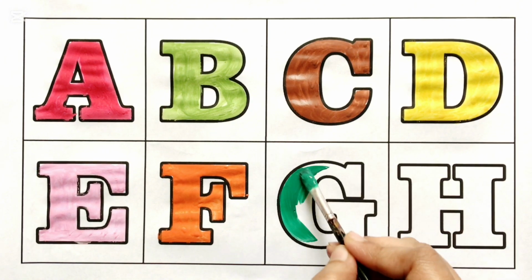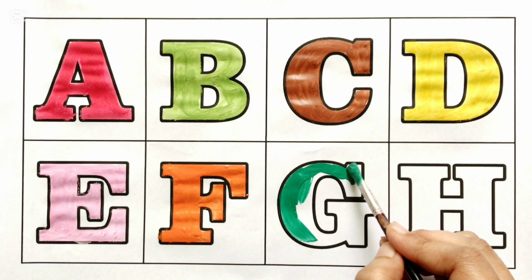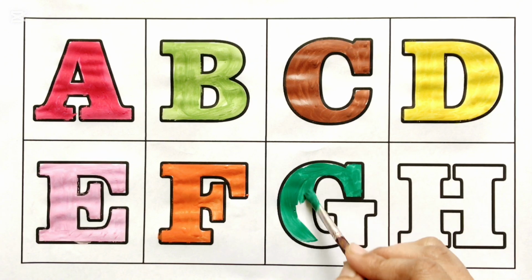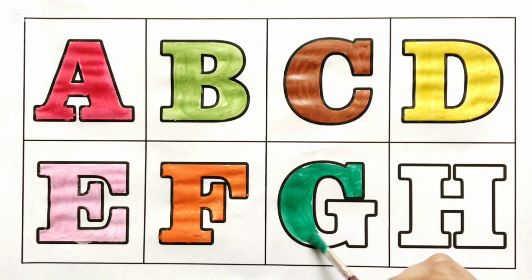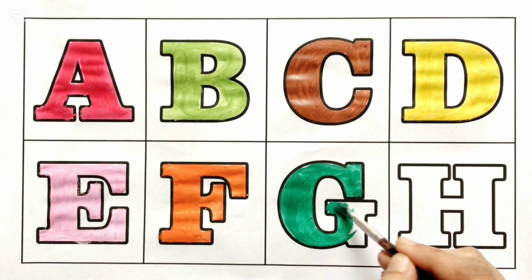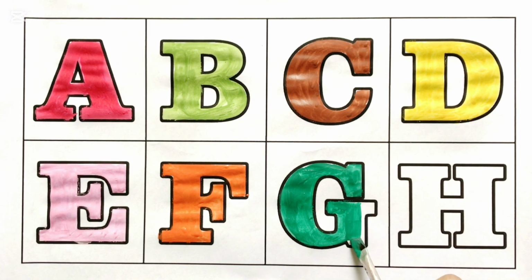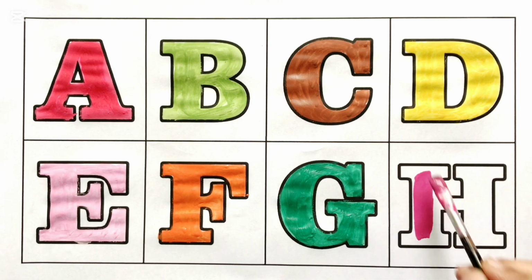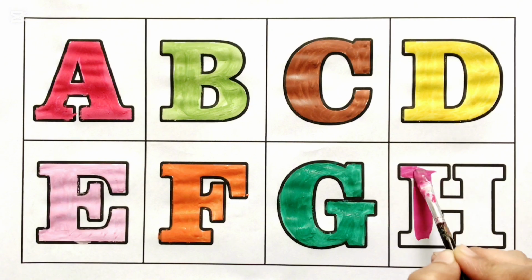G. G is for grapes. Pink color. H. H is for hat.